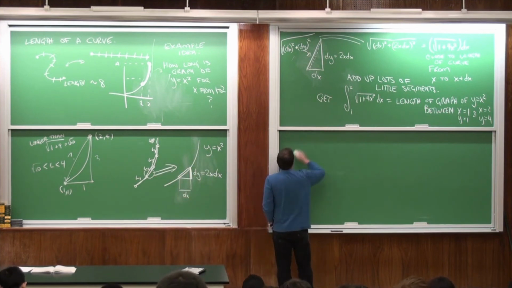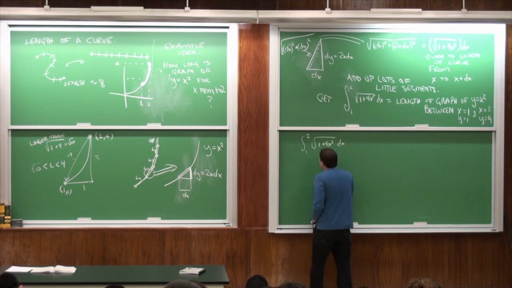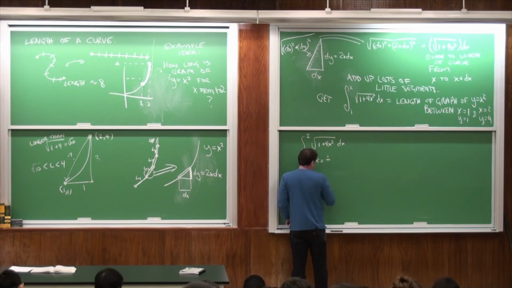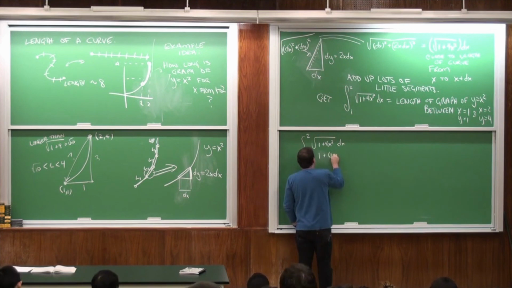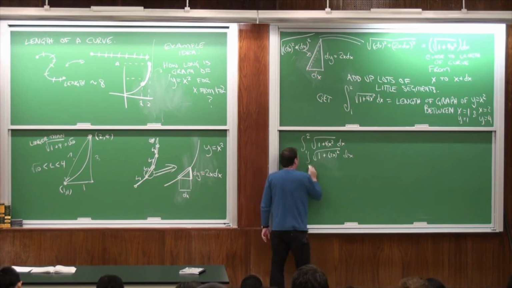All right, so if I want to do that integral, I make the substitution. Here I really think of this as 1 plus quantity 2x squared, which is what I started with anyway.